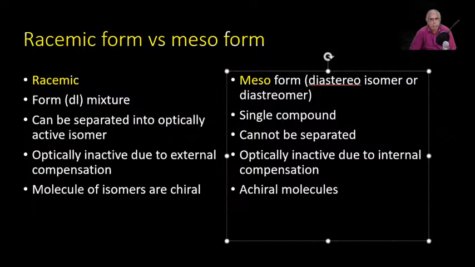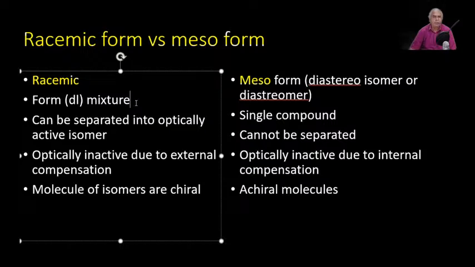It means that it doesn't have the stereoisomerism property. Diastereoisomer or diastereomer. Okay. And this D and L form, as I already told, can be separated into optically active isomers, D form and L form, and their signs of rotation are different, and they are called enantiomers.